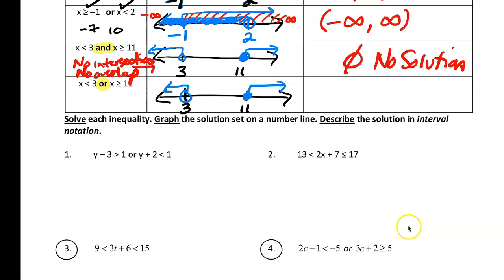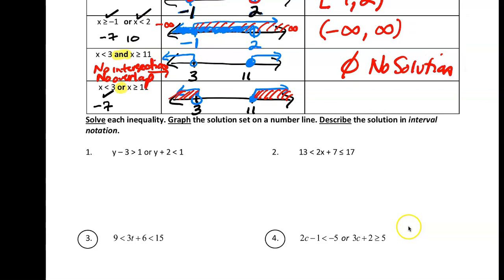So numbers less than 3, those are all these numbers. Numbers greater than or equal to 11, that's all these numbers. And it could be one or the other, but the number doesn't have to be true for both. So for instance, -7 is less than 3. It doesn't matter that it's not also greater than 11. It just has to be one or the other.